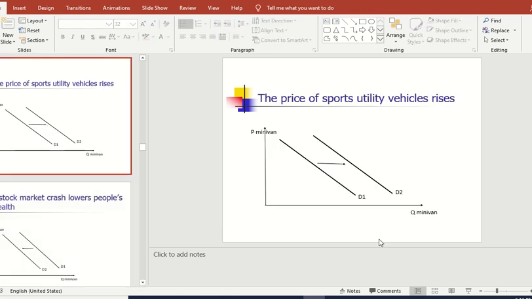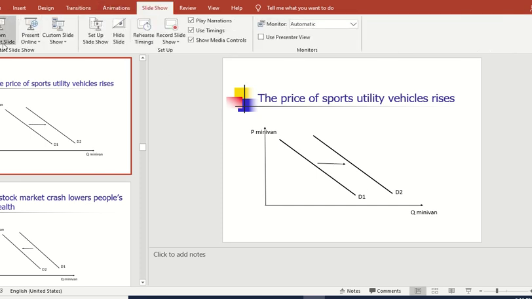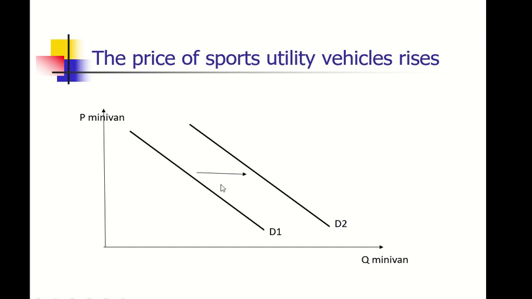So here we go. Once again, in addition to explanation in words, we will also want to explain it with the help of a diagram, specifically a demand curve. So we're looking at an increase in demand for minivans.